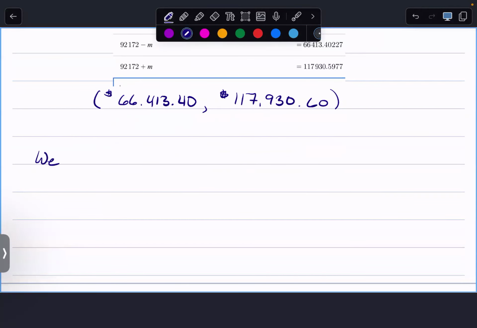But what's our standard confidence interval interpretation?